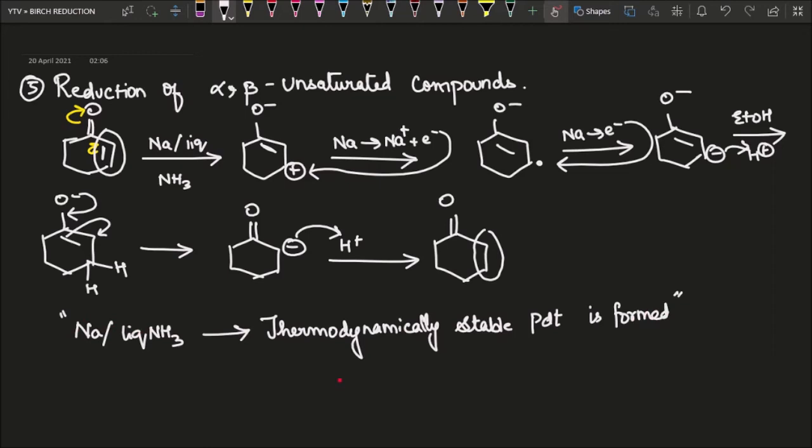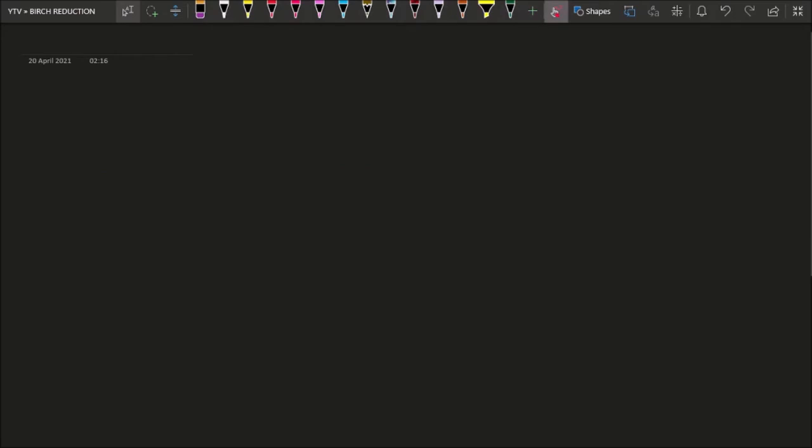So let us understand that with an example. So here let us take this example. Okay, so we have a double bond over here, and so this is an alpha beta unsaturated compound. So here you obviously have one hydrogen. Let us consider the hydrogen is present in the wedge position.